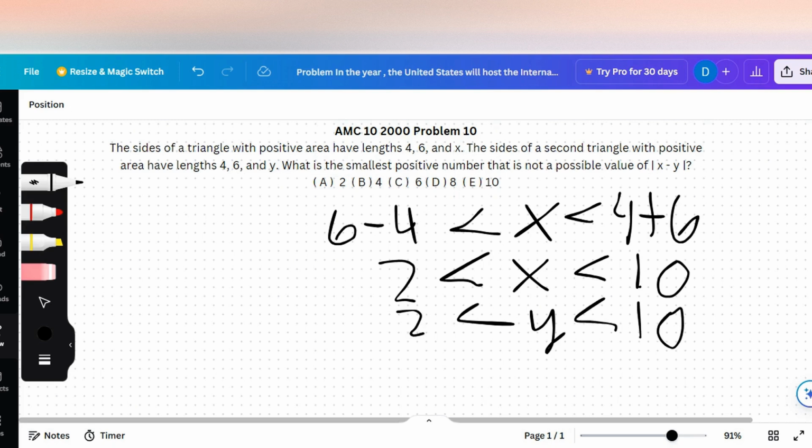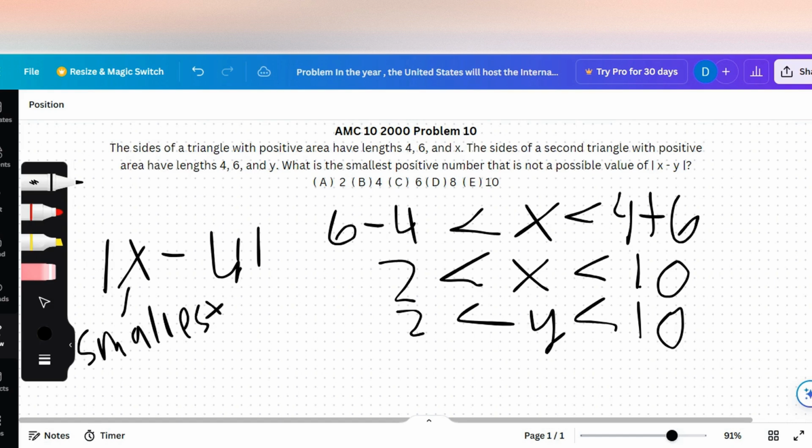Okay, so now we have this absolute value right here. For the absolute value, to make the smallest possible number, x has to be the smallest possible number, and y has to be the largest possible.